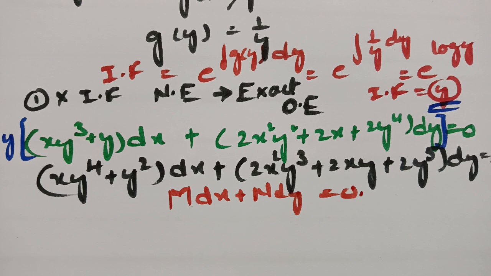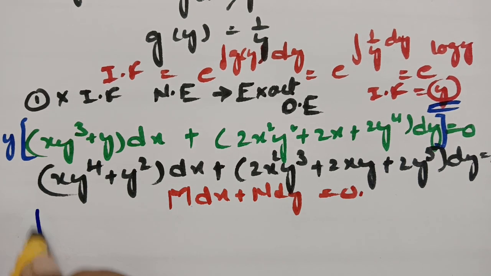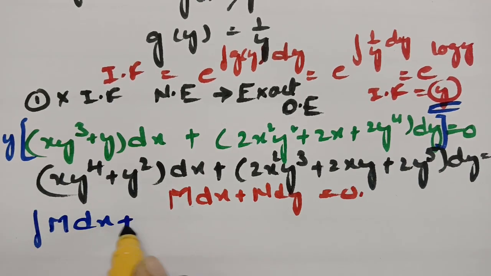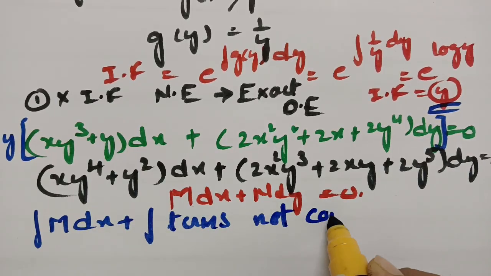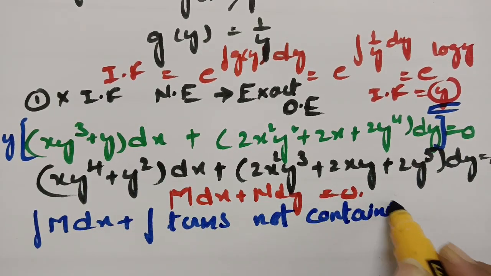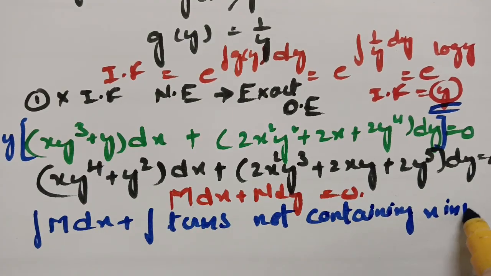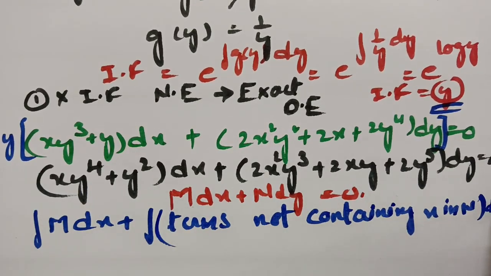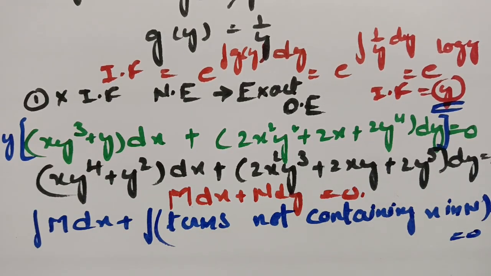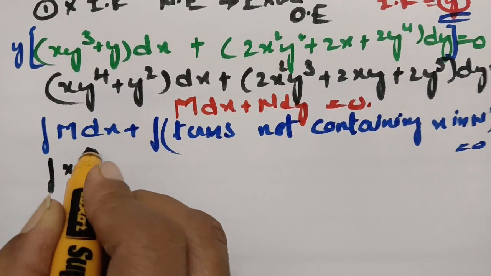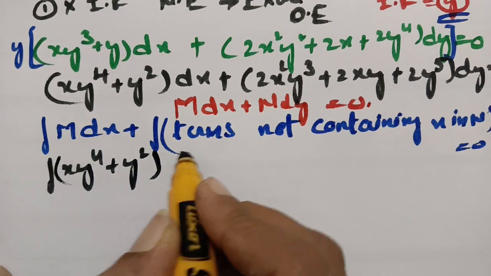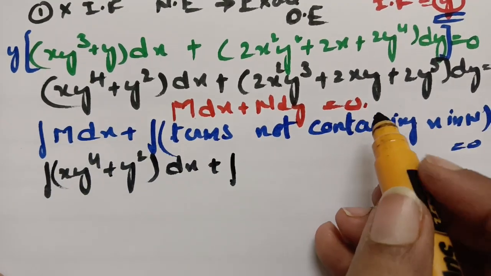So here the solution, what is the formula? For an exact differential equation, integral M dx plus integral of the terms in N not containing x, dy, is equal to c. If I substitute all the values here: integral of (x y power 4 plus y square) dx plus the terms not containing x.